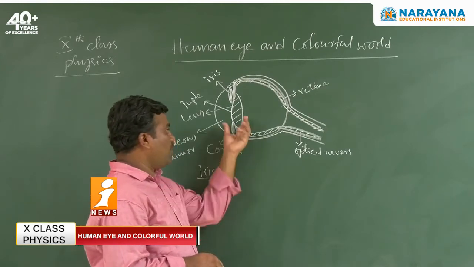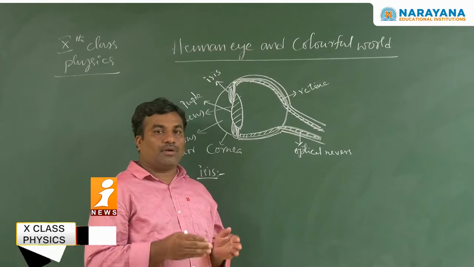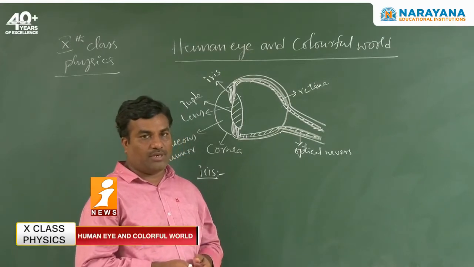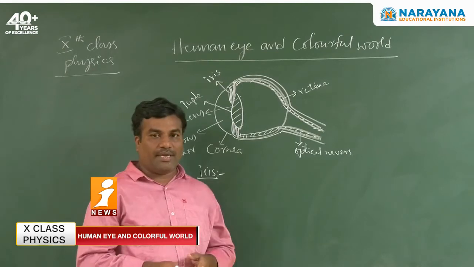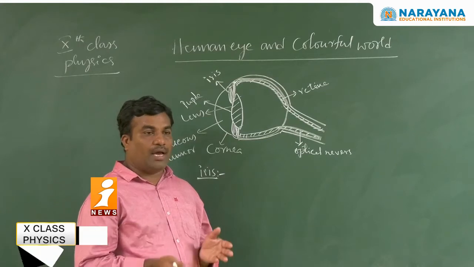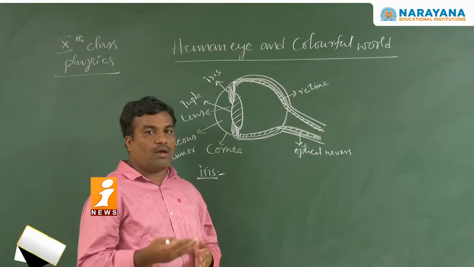Next, when you see dull or low intensity light, the iris makes the pupil expand and allows light into the eye. When there is excess or bright light, the iris contracts the pupil and does not allow the light into the eye.